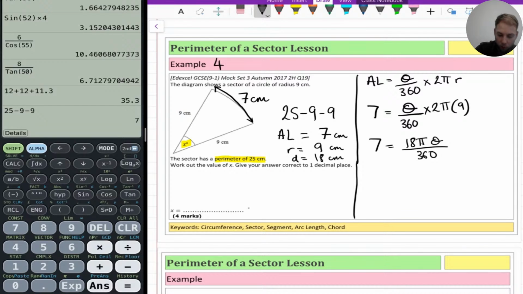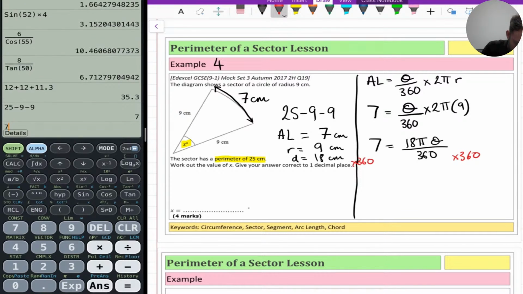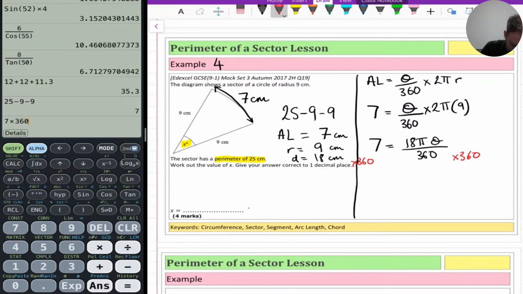And now we need to solve, working backwards. So I need to times by 360, times by 360. So 7 times by 360 is equal to 2,520, which is equal to 18 pi theta. And the last little stage, I need to divide by 18 pi, divide by 18 pi.